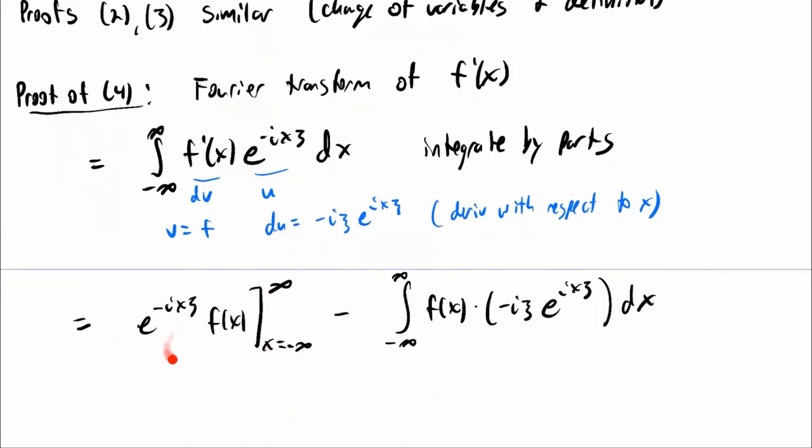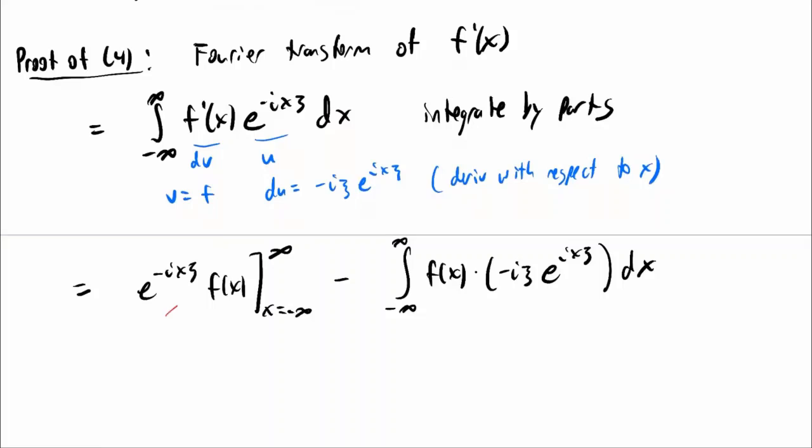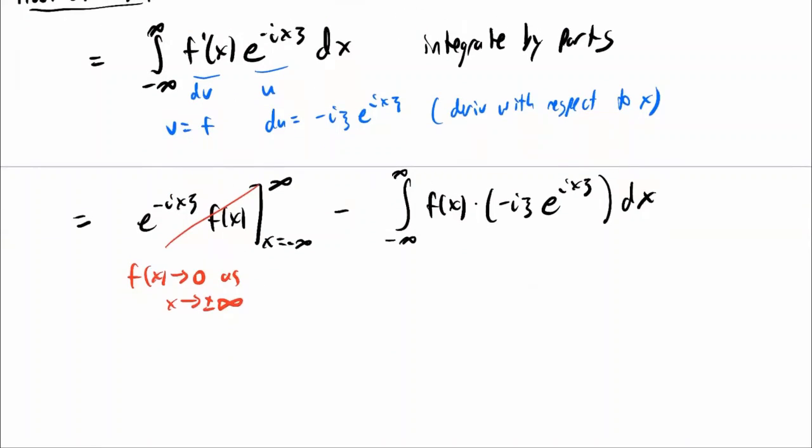Well, the first term is going to vanish because at plus or minus infinity, the function f is 0. That's the assumption that I mentioned a few minutes ago. So this whole thing is 0.